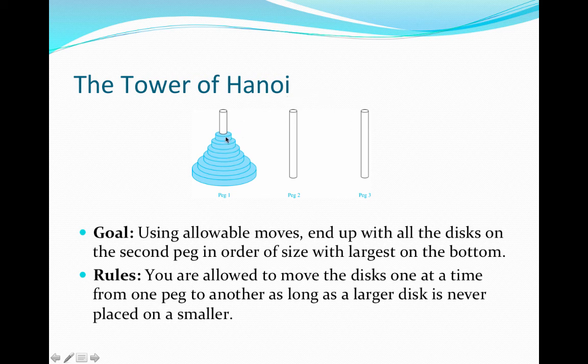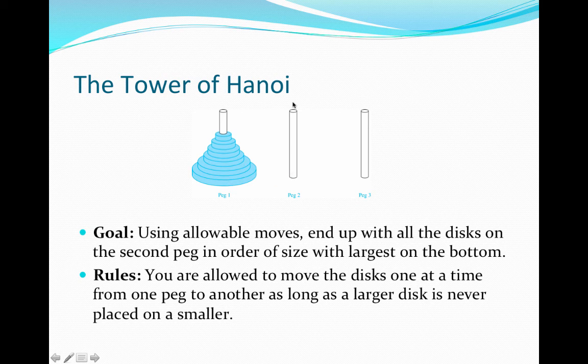So that would mean we'd have to move the smallest disc over here back on top of this larger disc, so that would be an allowable move, and then that would give us freedom to move this third disc to peg 3. And then we would want to repeat this process until we were able to move the bottom disc to peg 2 and build this tower back up onto peg 2.